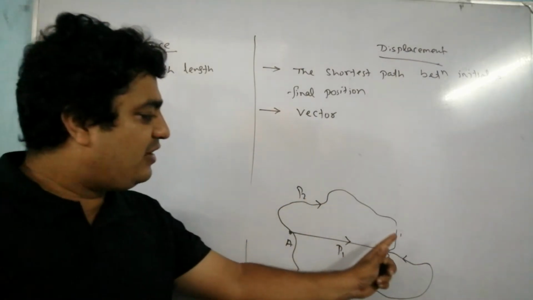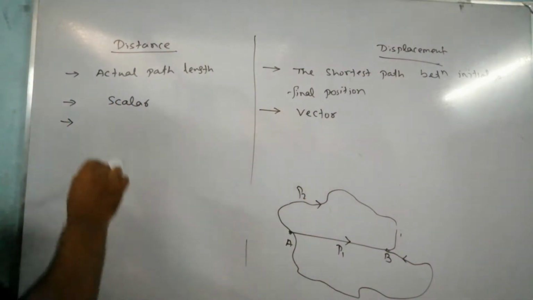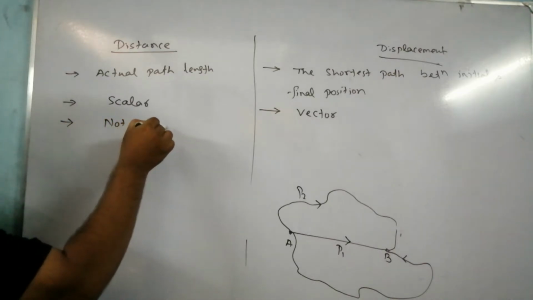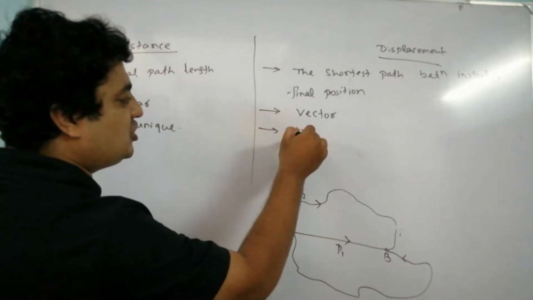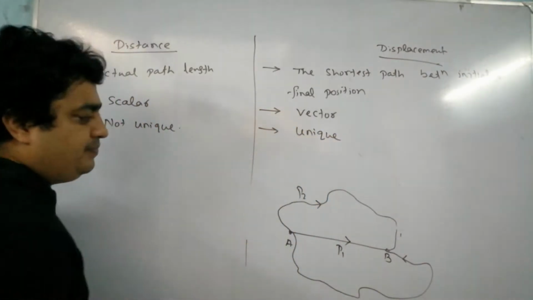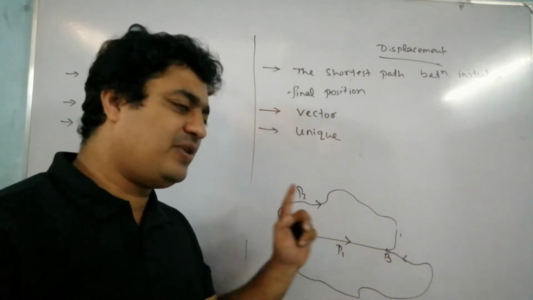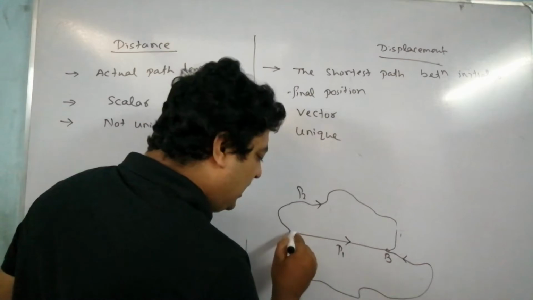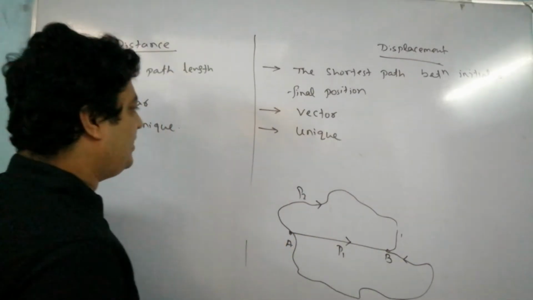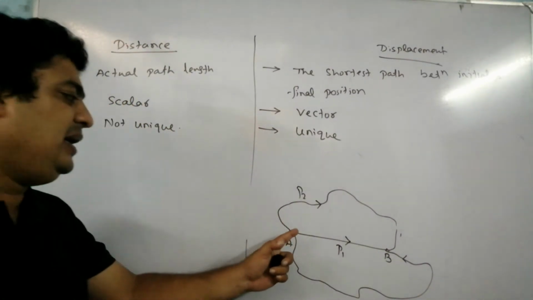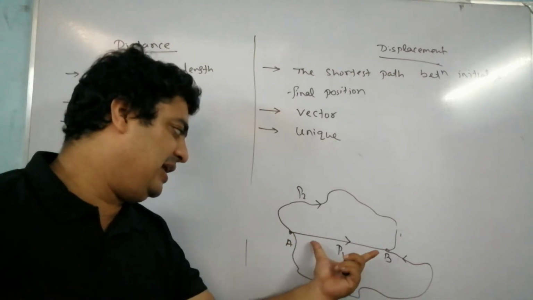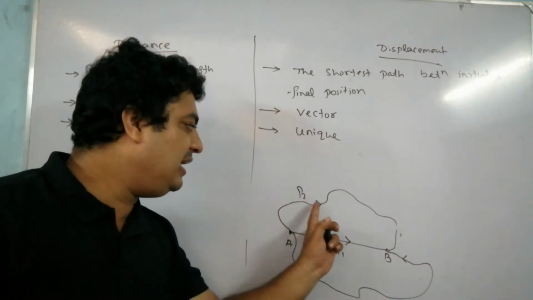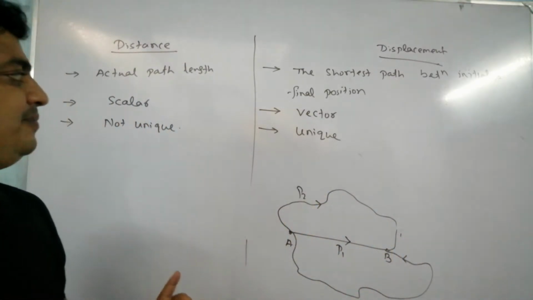If the initial and final positions are fixed, the distance is not unique, but displacement is always unique, because if a body travels from A to B, then for any path the displacement will be the AB vector, but the distance will be, if it moves in path 1, then it is this length. If it moves in path 2, then you have to measure this length.